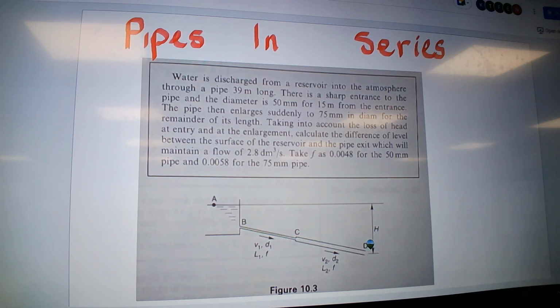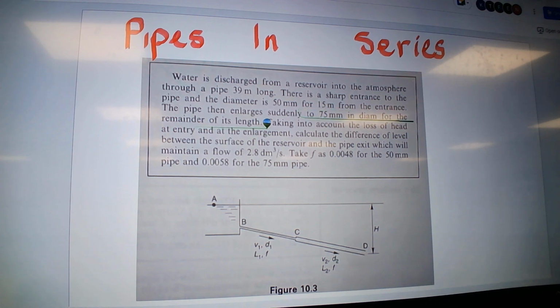Now it consists of two parts. For the first one, the diameter is 50 millimeter for 15 meters. The pipe then enlarges suddenly to 75 millimeter in diameter for the remainder of the length.